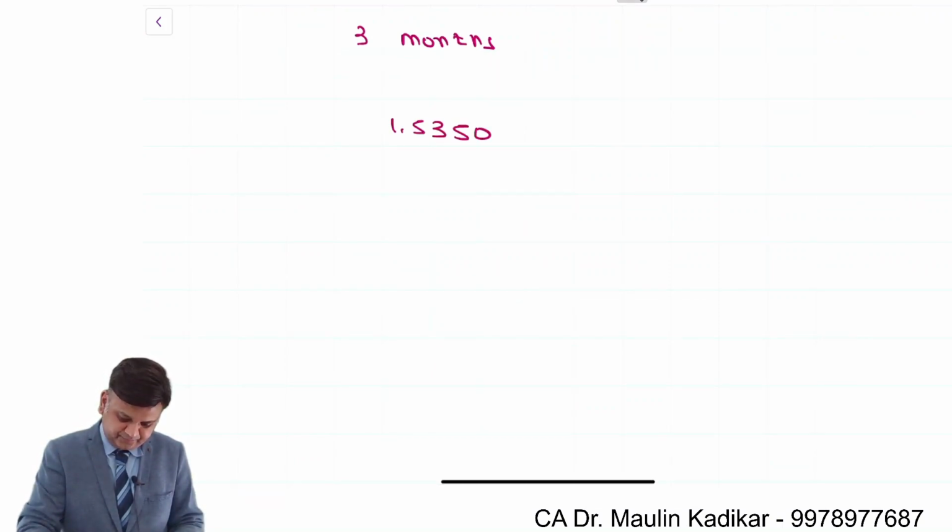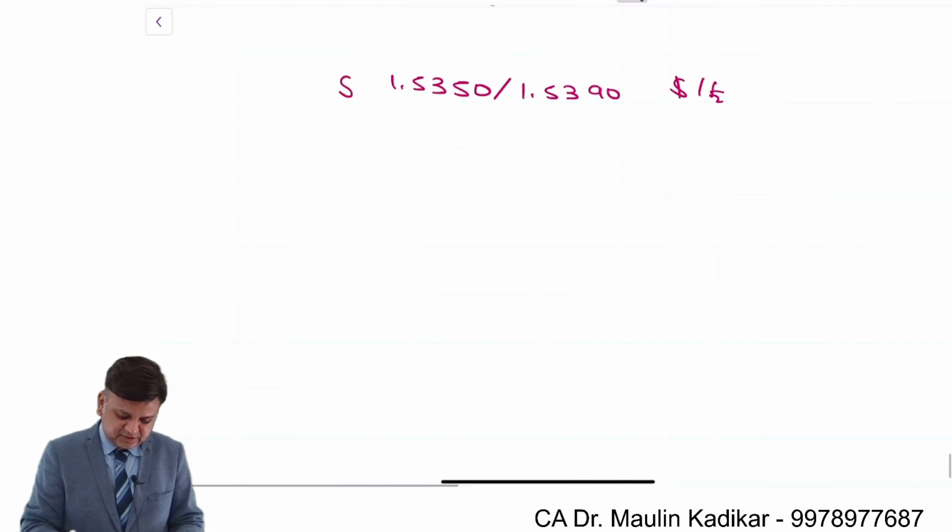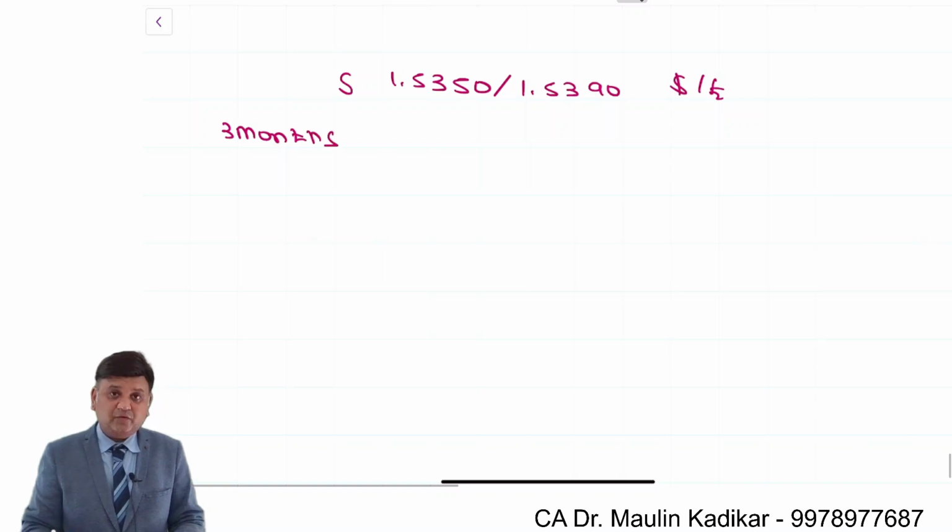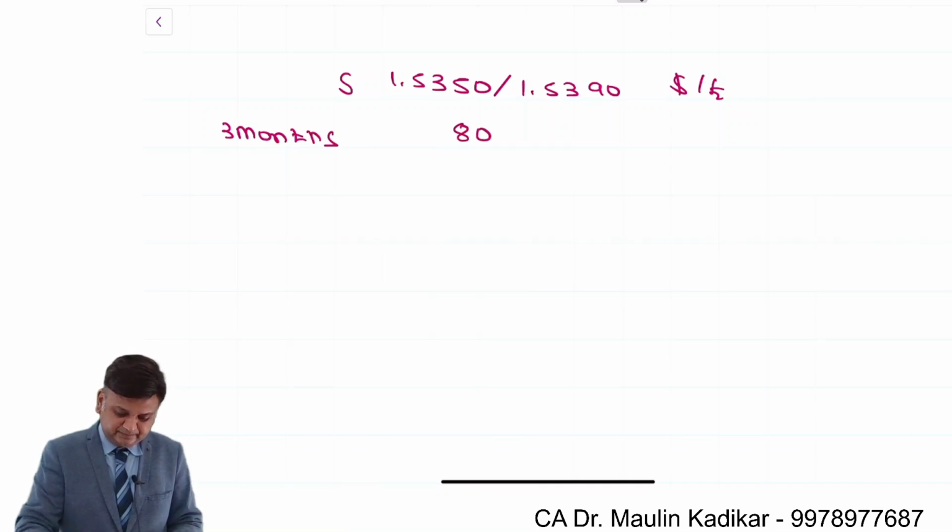$1.5350 slash $1.5390 per pound. This is spot 3 months. Forward points or swap points are 80-85. Since it is low high, it will be added to the spot exchange rate.